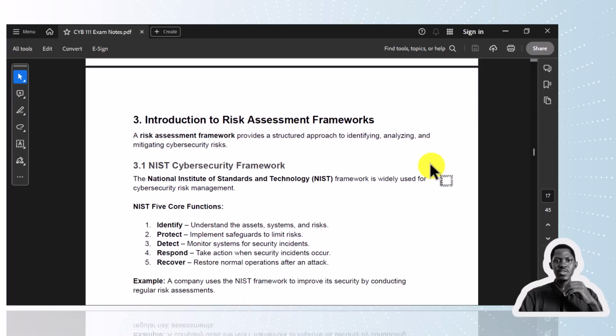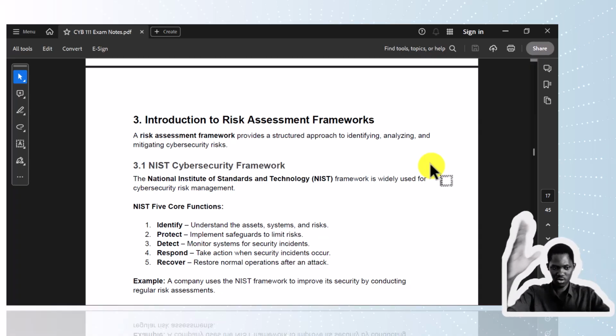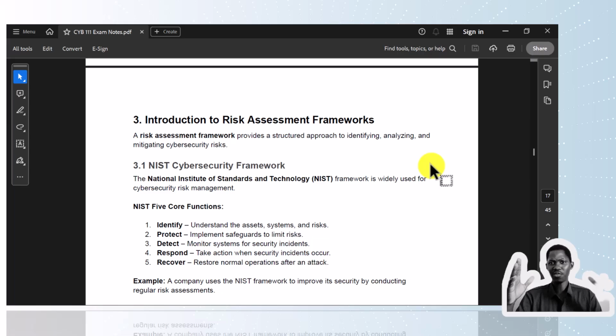Now, introduction to risk assessment frameworks. So, what is a risk assessment framework itself? Now, a risk assessment framework is a framework that provides a structured approach. You can understand from the common sense meaning of framework. Framework is to have something arranged. You understand?